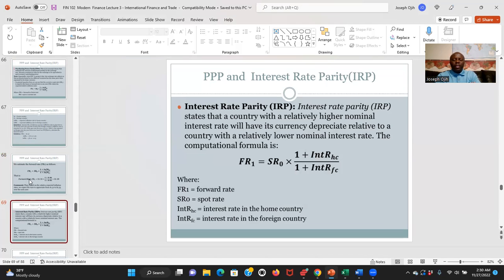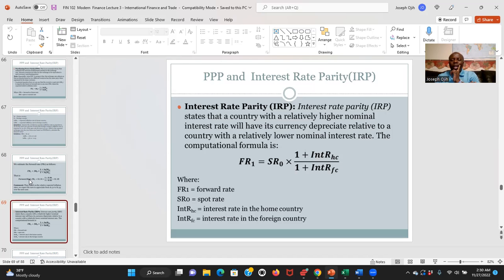I wrote that interest rate parity states that a country with a relatively higher nominal interest rate will have its currency depreciate relative to a country with relatively lower nominal interest rates.